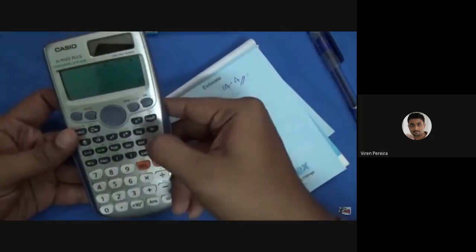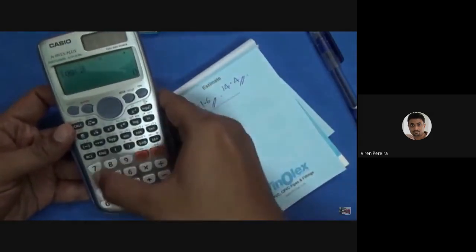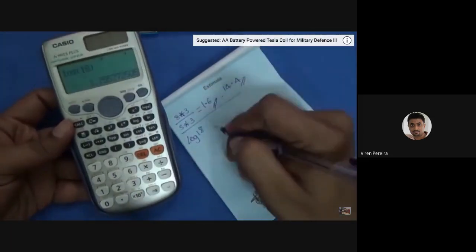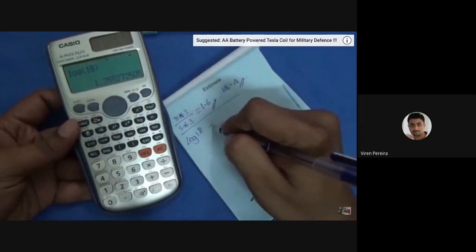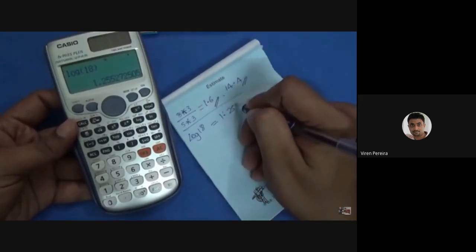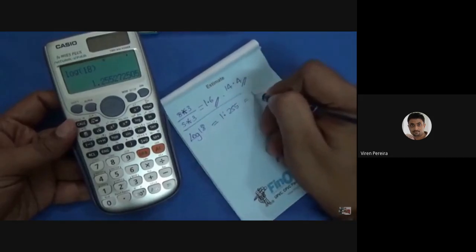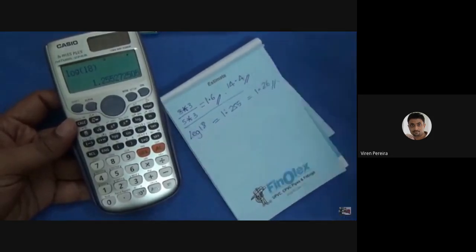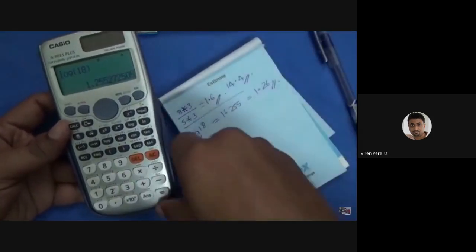You just have to press the log button, press 18 and close the bracket. So you get the value as 1.255, which is equal to 1.256. So this is basically the value of your log 18.